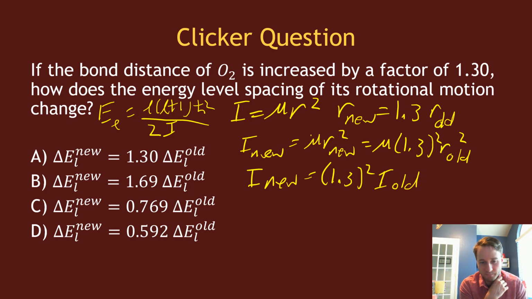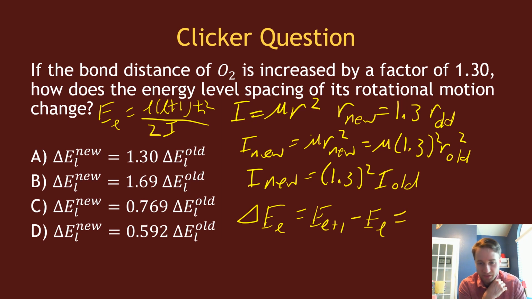And so the energy spacing is related to E(L+1) minus E(L), which, if you work it out, is 2 times (L plus 1) h bar squared divided by 2I.